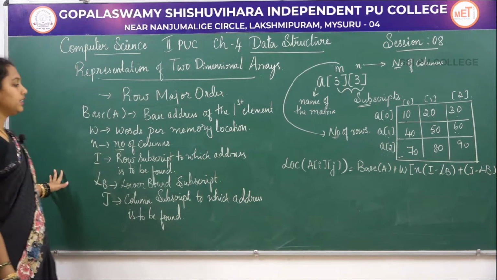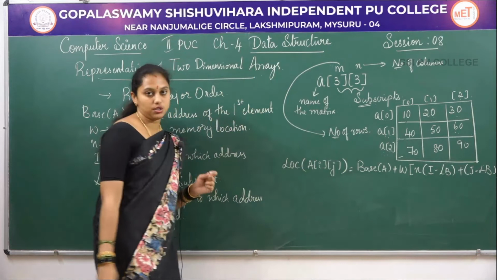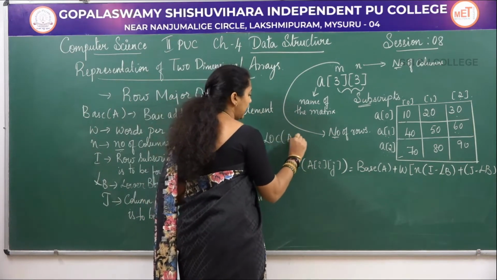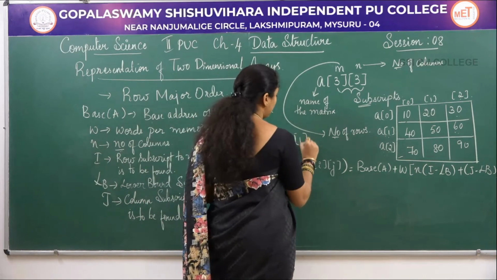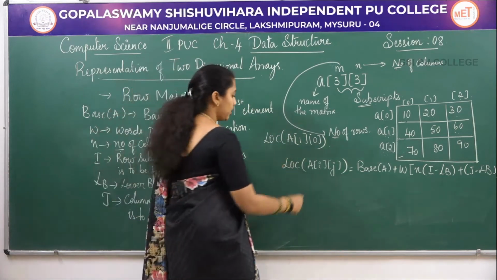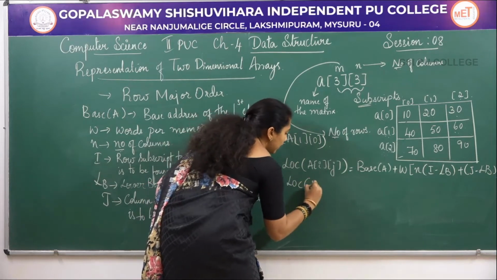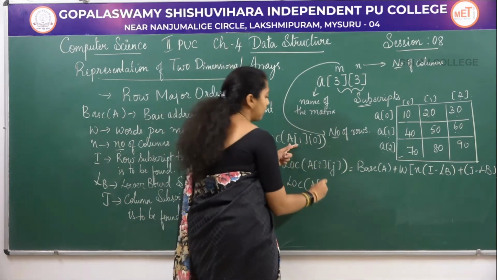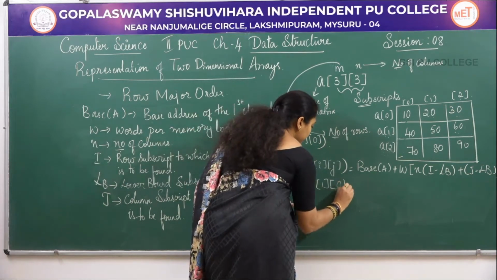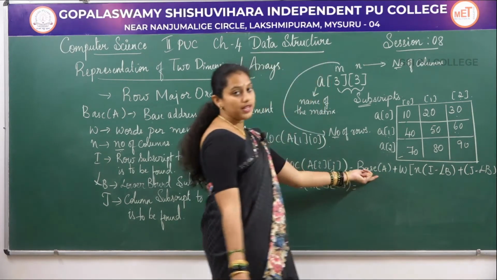So using this formula, now let's find the memory address of location A of 1, 0. So substitute for this formula, that is location A of, what is the value of I? The value of I is 1 and the value of J is 0 is equal to base of A. So what is the base address?